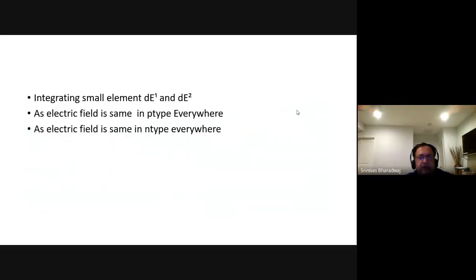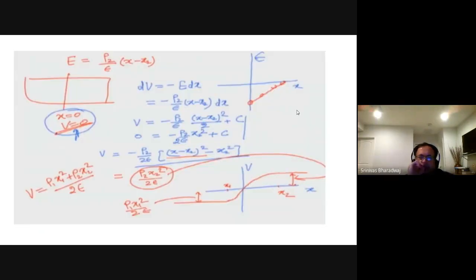Now, you integrate these three fields, right, and then you will end up with the total electric field. So now dV by dx is equal to E, right, and E is ρ times x divided by ε, right? Rho is the charge concentration, right?